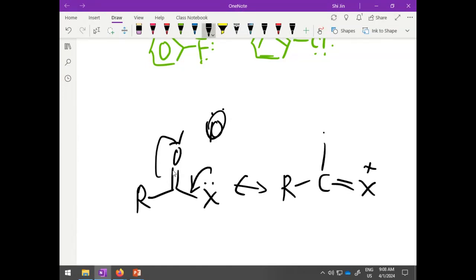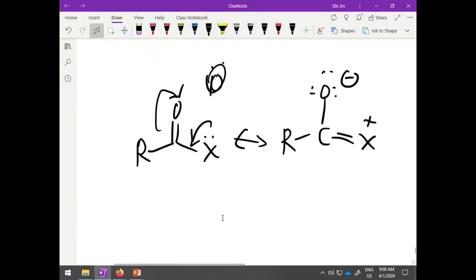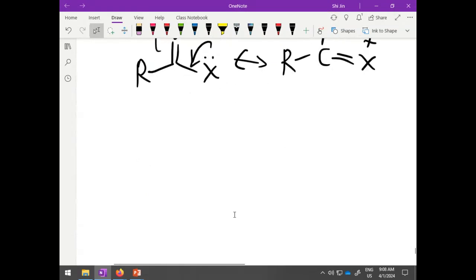That is the key reason. So the better the heteroatom can donate its lone pair, the more stable the carbonyl group will be and the less willing to react.